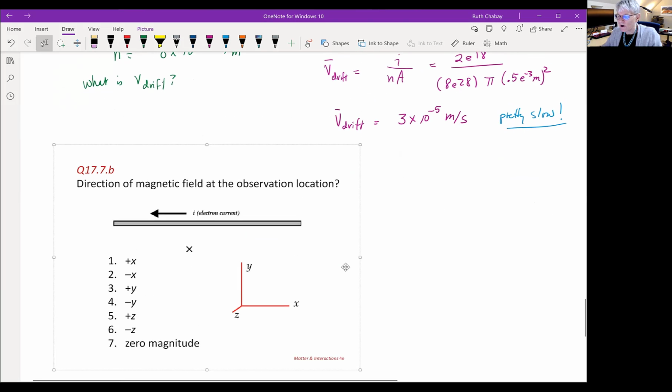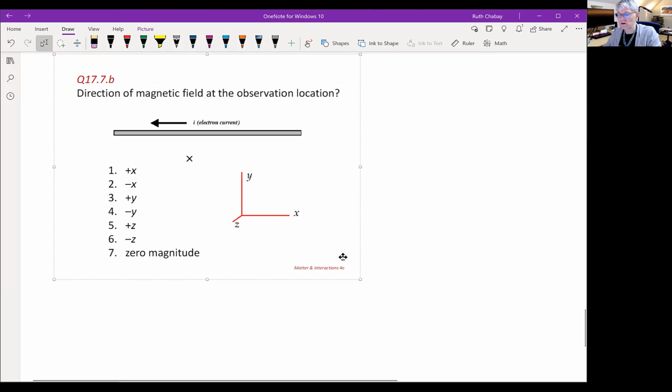So here we have a wire with electron current, so lots of electrons flowing in the minus x direction here. So again, we've got x to the right, y up, z out of the page. So due to moving electrons in this wire, can you figure out what is going to be the direction of the magnetic field at the observation location?